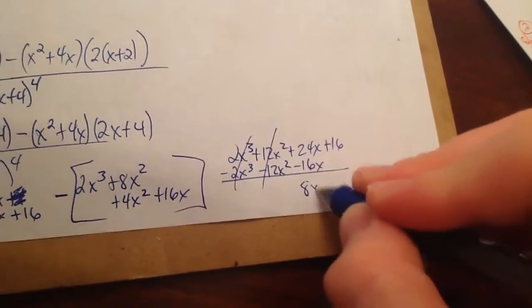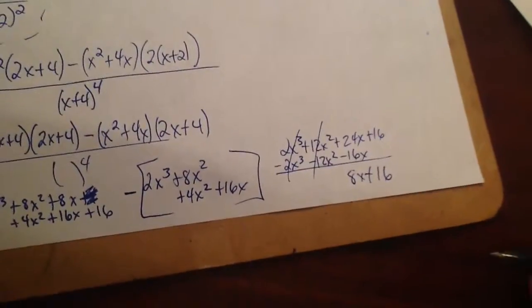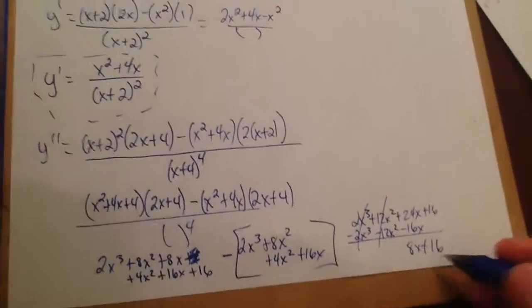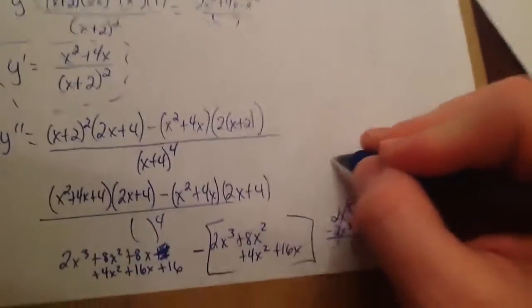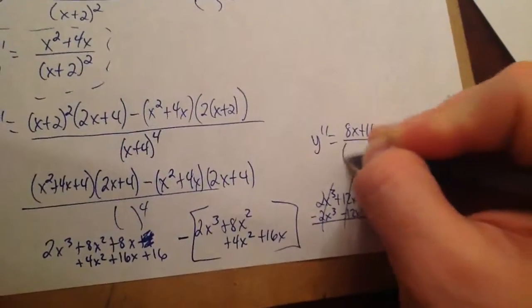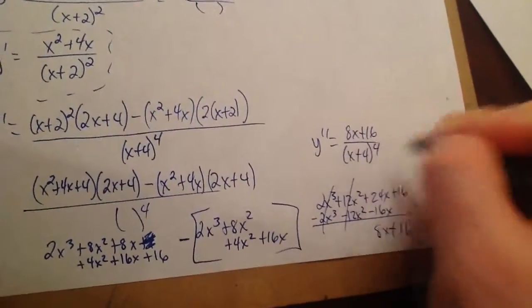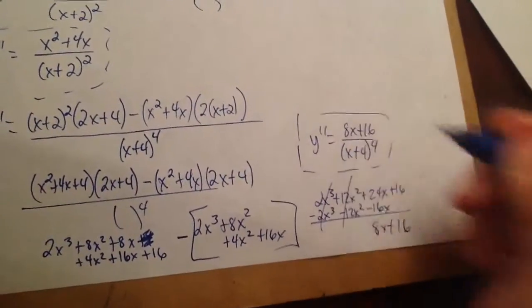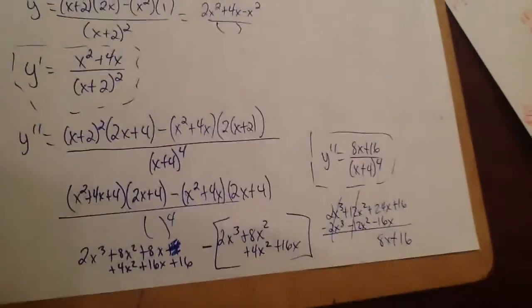It's going to be 8x plus 16. Cool. So there's the top. So finally, my second derivative is 8x plus 16 over x plus 4 to the fourth. Hopefully that's right.